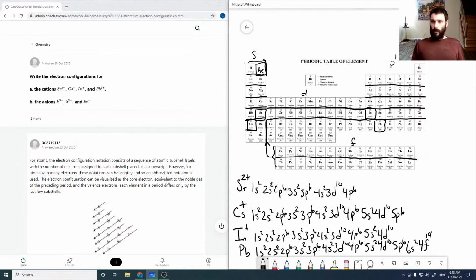And then the D block, so that's 5d10, and then the P block, 6p2. And then we want 2 plus, so we just cut out 2 electrons. And so then there is our electron configuration for lead 2 plus.